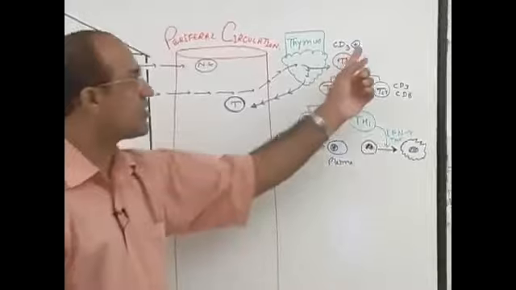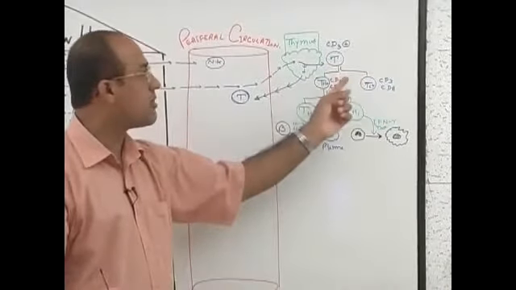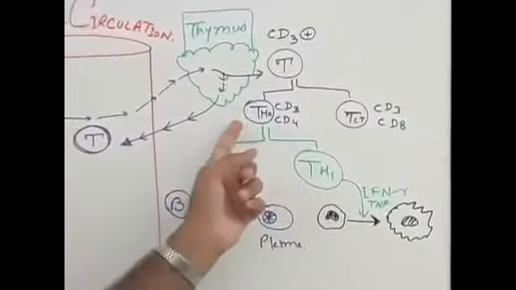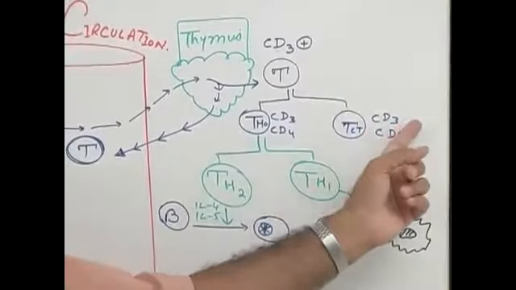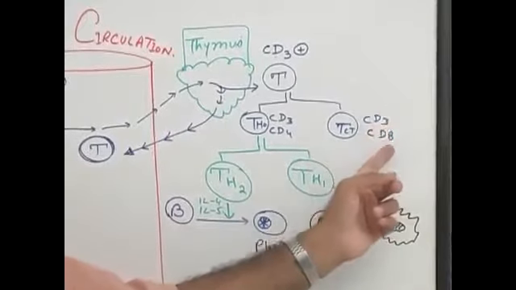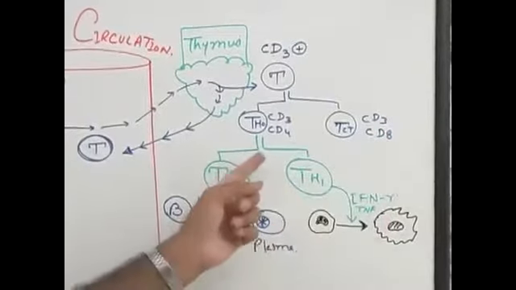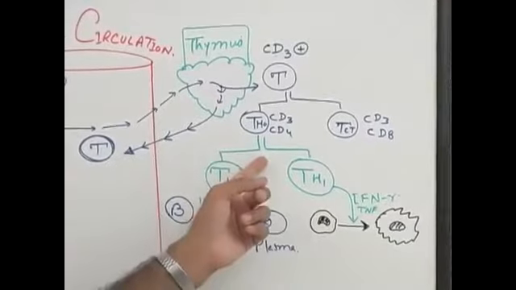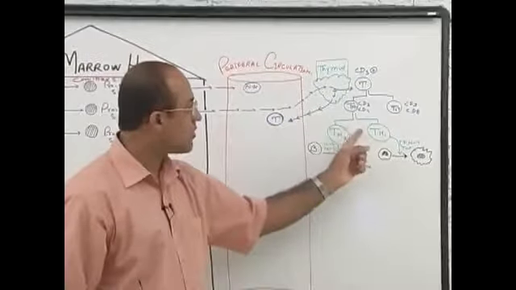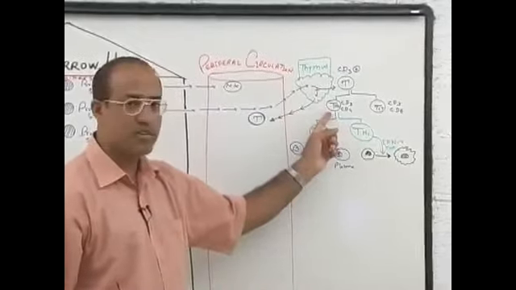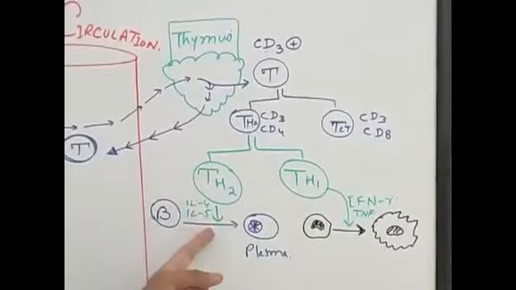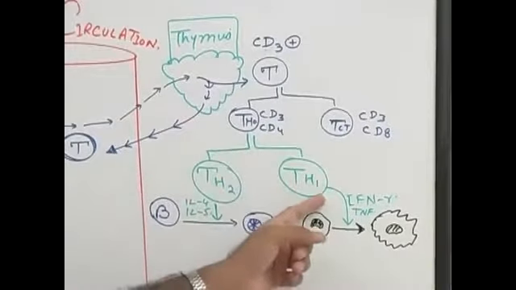These all T cells are CD3 positive, and some of them are, in addition to CD3, CD4 positive, which are called T helper cells. Some of them in addition to CD3 are CD8 positive also, which are called T cytotoxic cells. Now T helper cells have to help some immune component to function better. Now what we really see is that these T helper cells, some of them convert into T helper 2, others convert into T helper 1.